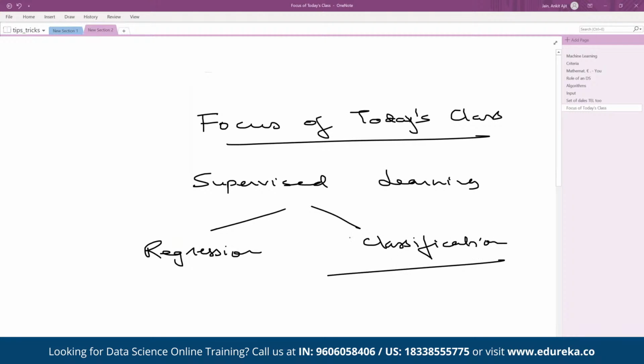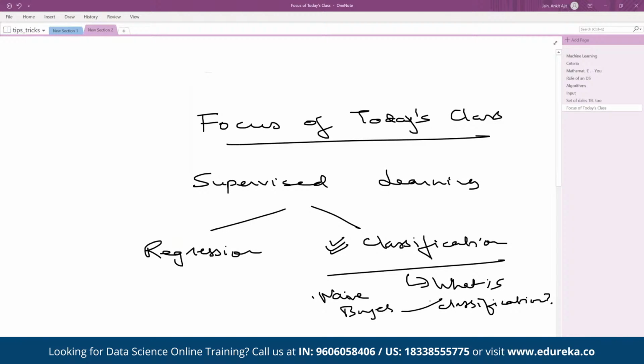Today we will learn about classification. First, let me lay a foundation for you: what is classification, and how Naive Bayes can be applied to classification. Is it clear? This is what we are here to understand.